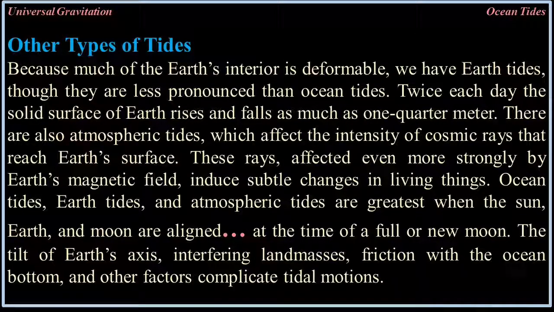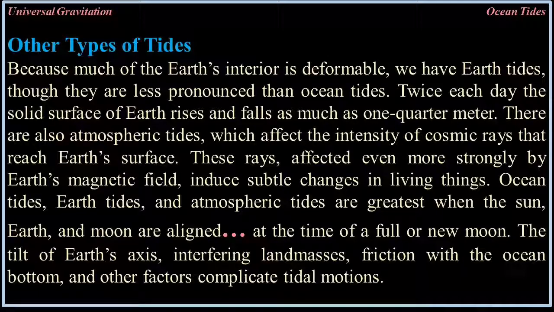Other types of tides. Because much of the Earth's interior is deformable, we have Earth tides, though they are less pronounced than ocean tides. Twice each day, the solid surface of Earth rises and falls as much as 1/4 meter. There are also atmospheric tides, which affect the intensity of cosmic rays that reach the Earth's surface.